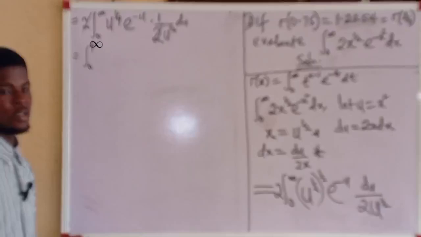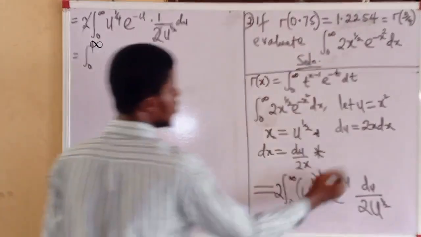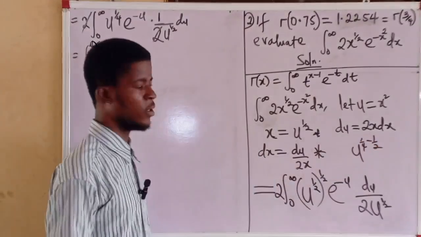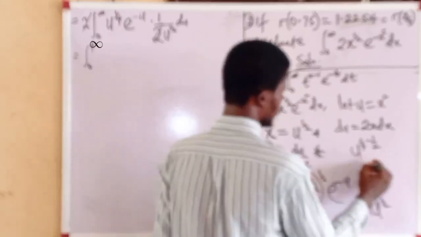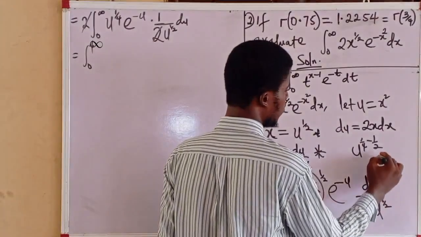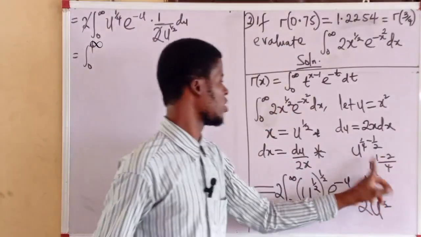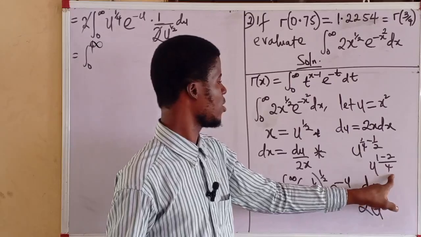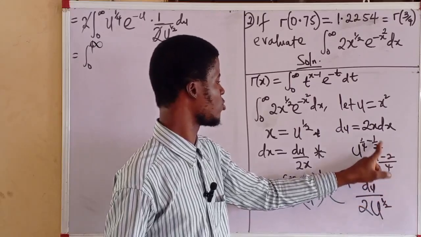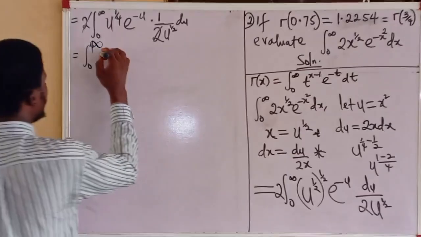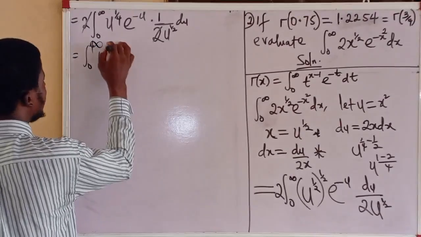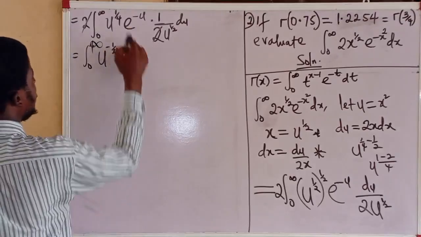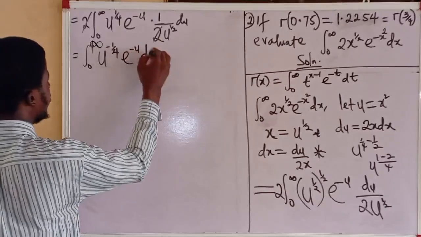So by the law of indices, u to the power of 1 over 4 minus 1 over 2. What would that give me? The LCM is 4. So 4 into 4 is 1, 1 times 1 is 1. 4 divided by 2 is 2, 2 times 1 is 2. So that's equal to u to the power of minus 1 over 4, then e to the power of minus u du.